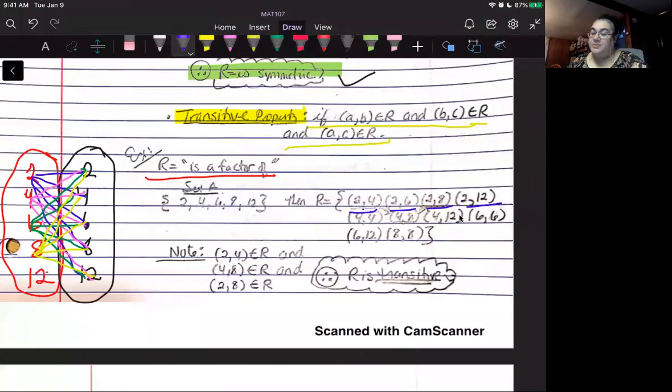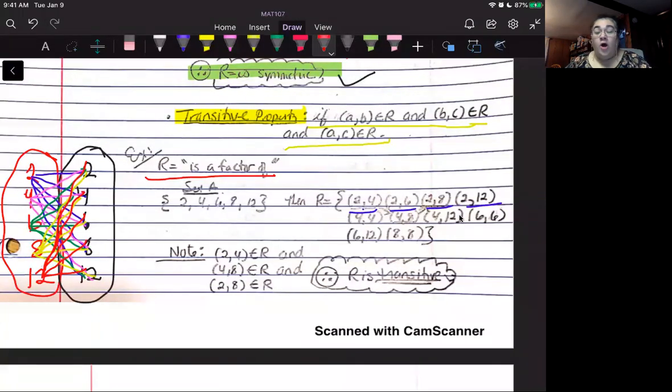Oh no, we used blue already. I guess we'll have to do red. Hopefully that's not too confusing. We're going to do 12, and 12 goes to 2, 12 goes to 4, 12 goes to 6, 12 goes to 8, 12 goes to 12. So there is the whole cross product.